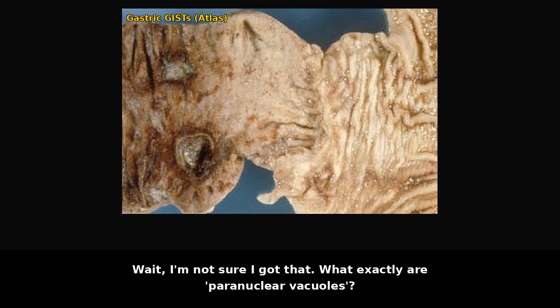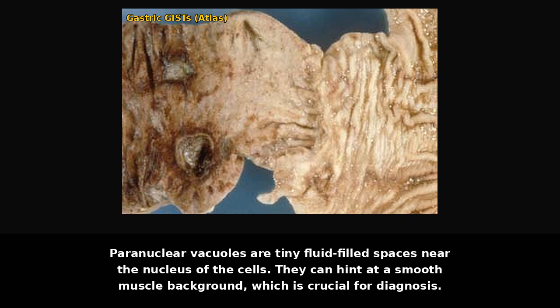Well, I'm not sure I got that. What exactly are paranuclear vacuoles? Paranuclear vacuoles are tiny, fluid-filled spaces near the nucleus of the cells. They can hint at a smooth muscle background, which is crucial for diagnosis. Got it.